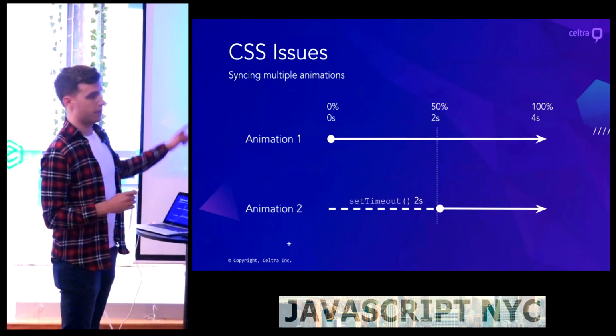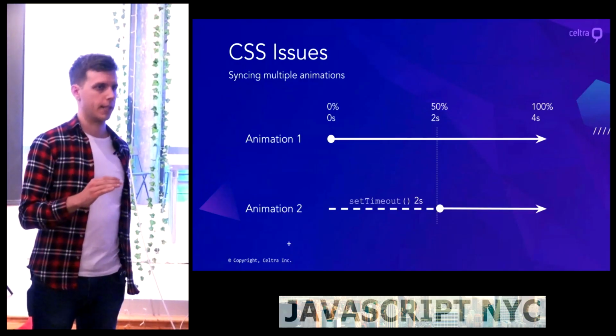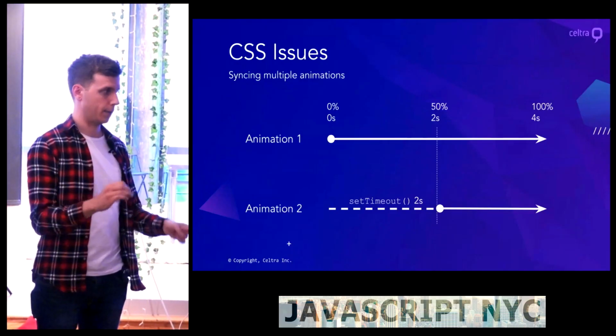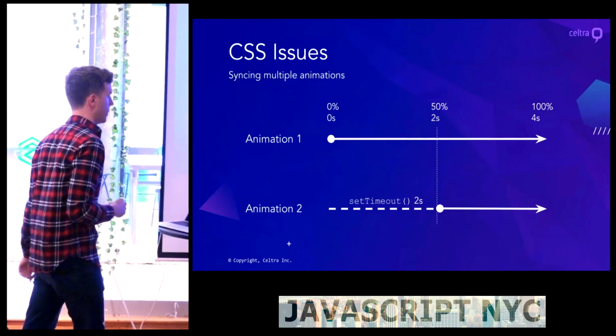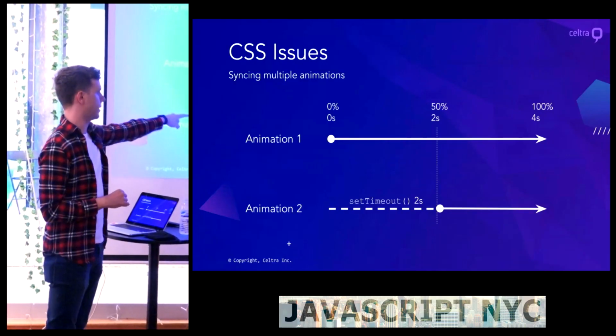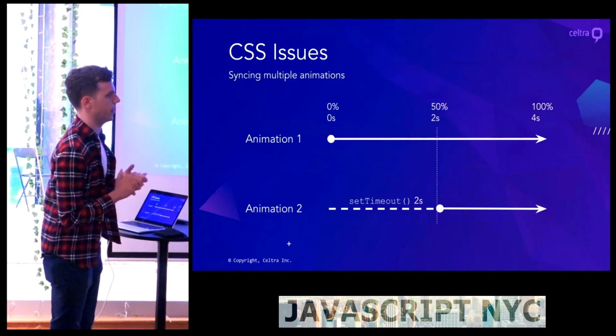But let's say that the first animation has a 4-second length. This means that the first animation would reach 50% after 2 seconds, right? And we could do a workaround. We would start the first animation, set a timeout for 2 seconds, and in the callback, play the second animation, right?